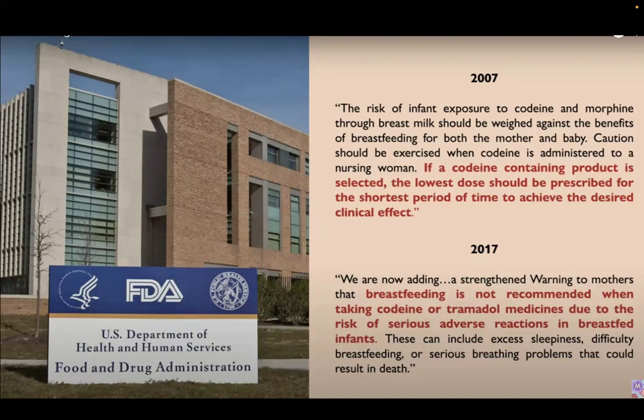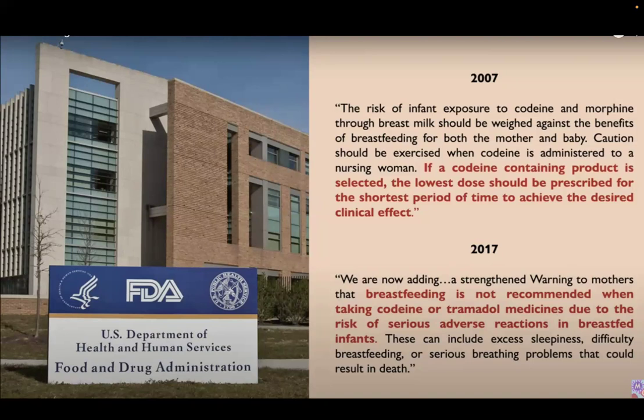Now, we are adding a strengthened warning to mothers that breastfeeding is not recommended when taking codeine or tramadol medicines due to the risk of serious adverse reactions in breastfed infants. This was again the warning in 2017, after 10 years, because the cases were increasing. This can include excessive sleepiness, difficulty in breastfeeding, and serious breathing problems that could also result in death.